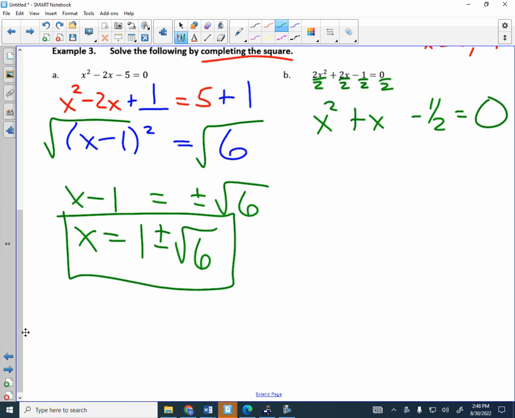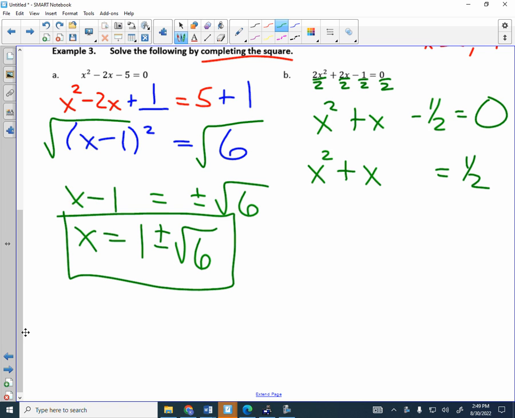I got the 1x squared. 1x squared is good for me because that's a perfect square. But I really don't like the half sitting there. That's got to move over to the other side. Just like we moved the 5 over, let's move that 1/2 over so I have room to complete my square. Got it? X squared plus x equals 1/2.